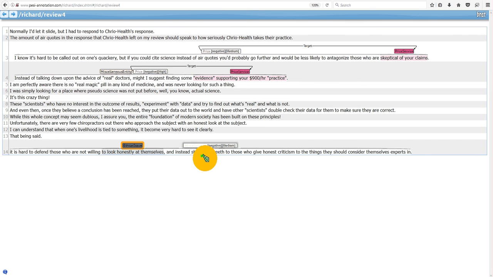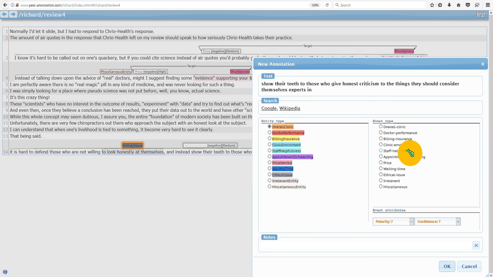Instead of showing their teeth to those who give honest criticism, things they should consider themselves expert in. Wow, this whole sentence. I think miscellaneous, because I don't know where to put it.